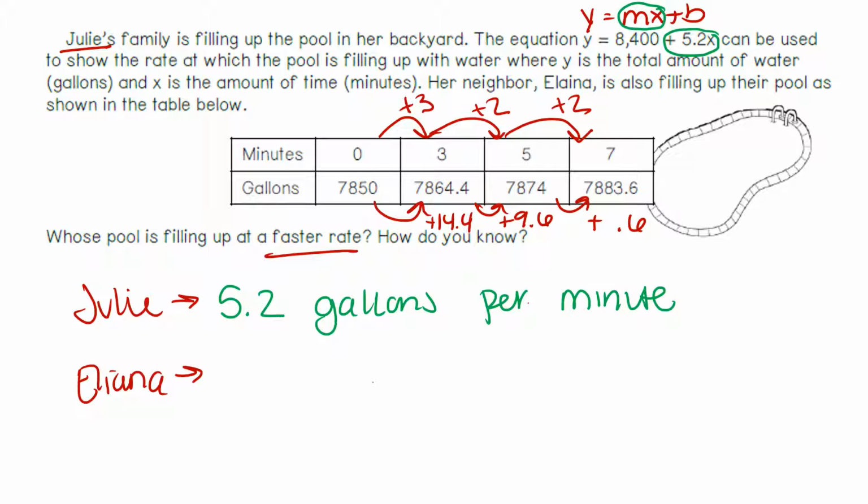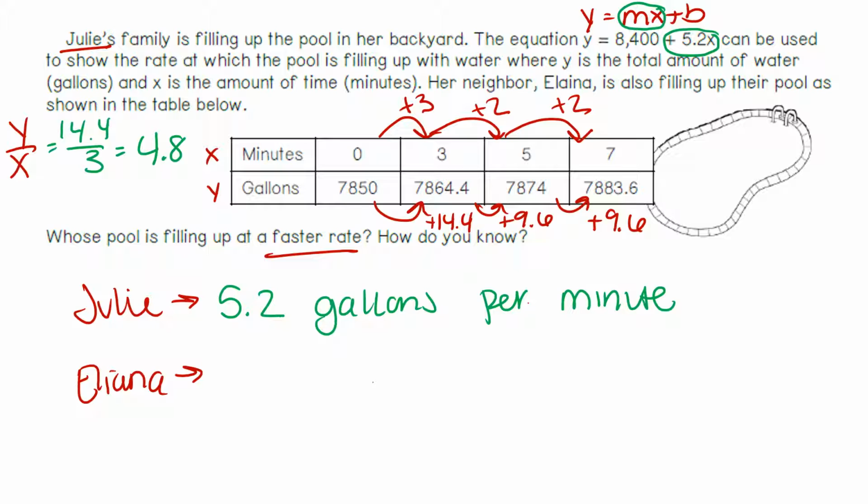Now, these numbers are different. That's okay. We should still get the same answer. We set up our rate of change as a fraction, y over x. So we can use either the 14.4 and the 3, which when we simplify 14.4 divided by 3 is going to give us 4.8.